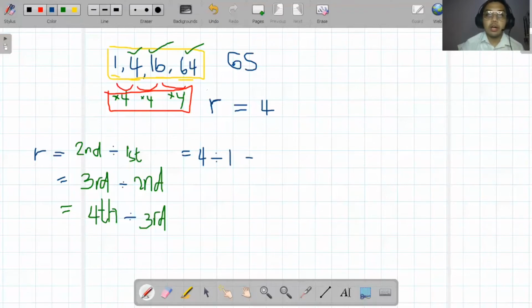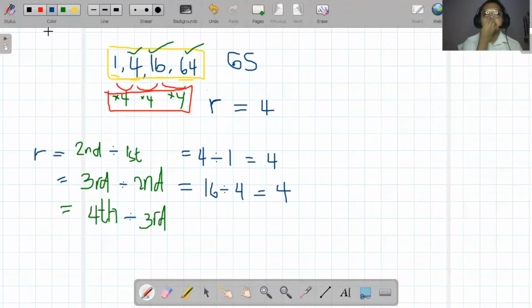So, 4 divided by 1 is 4. Okay, next, we have third term. So, our third term is 16. Third term is 16 divided by our second term, which is equal to 4. So, 16 divided by 4 is, yes, also 4.